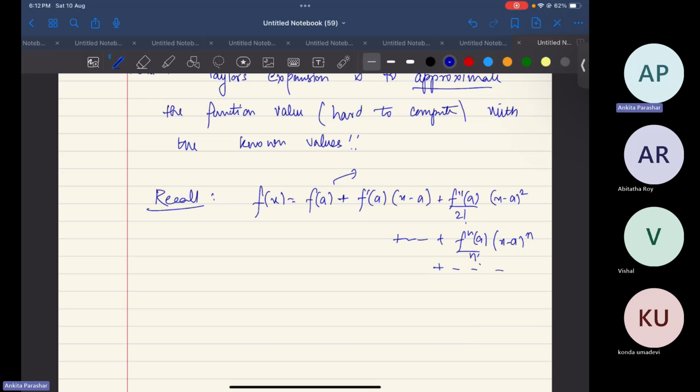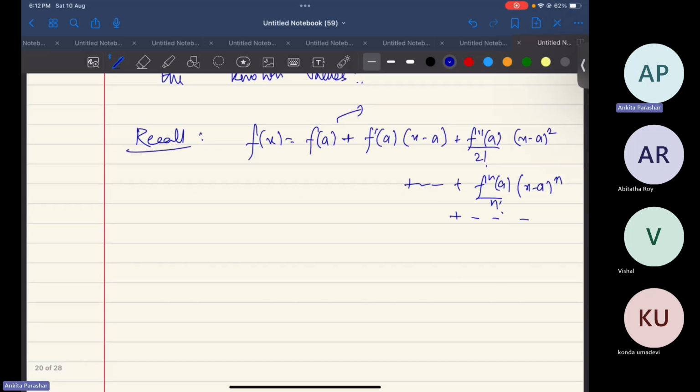I think, let me just tell you directly. It's written in the notes also. If you want to write an approximate function in two variables, then of course you should start with a certain point, just like a in R. Here you start with (a, b) in R2. Around that you want to write the expansion. Then you take the partial derivatives.